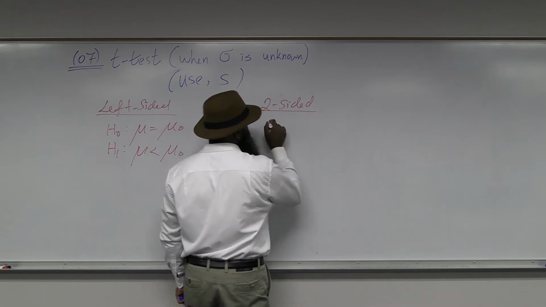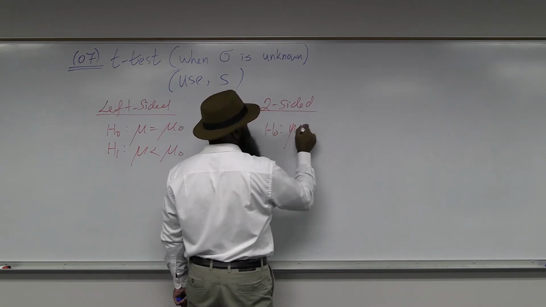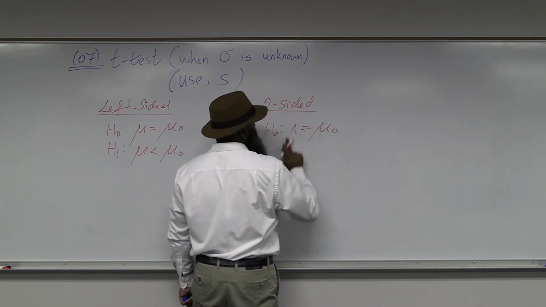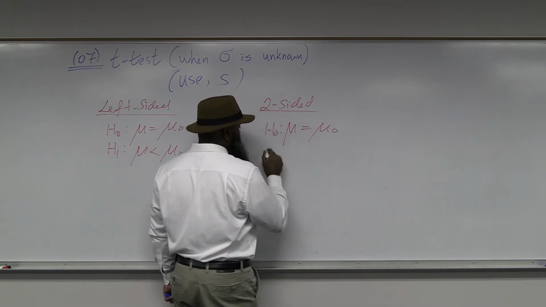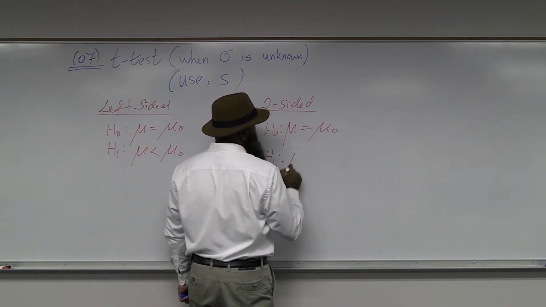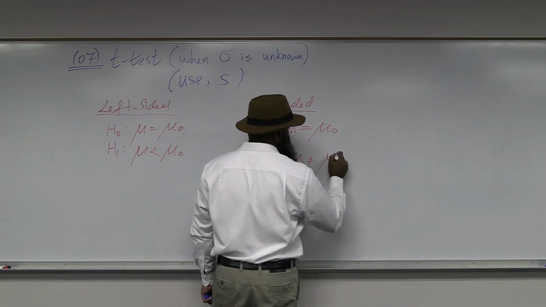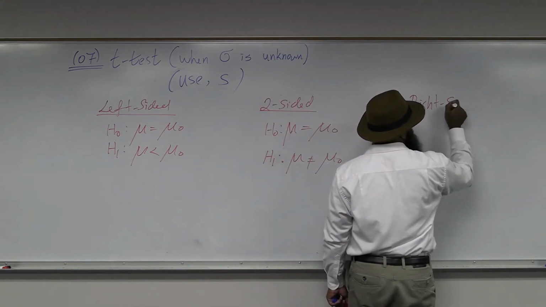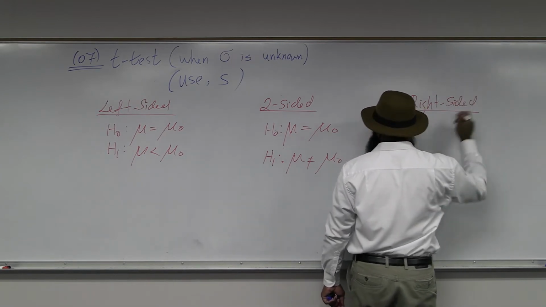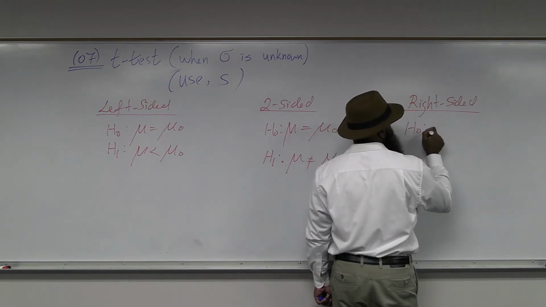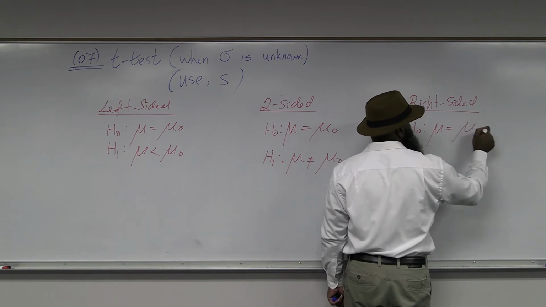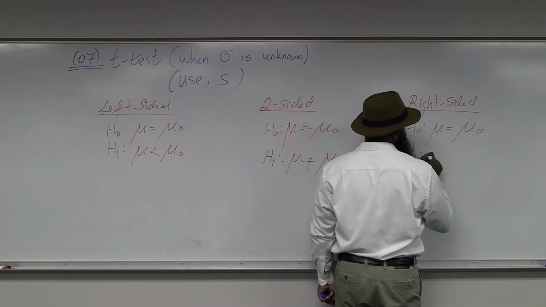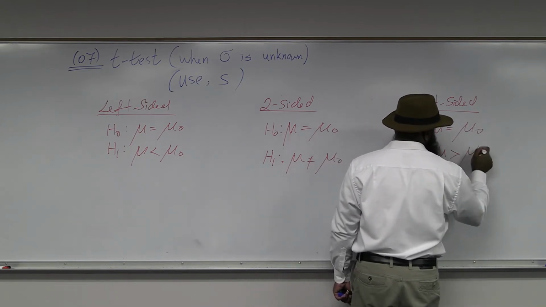That means my null hypothesis is mu is equal to mu 0, and the alternative hypothesis is mu is not equal to mu 0. And we can have right-sided tests. For a right-sided test, the null hypothesis is once again mu is equal to mu 0. The alternative is of the form mu is larger than mu 0.